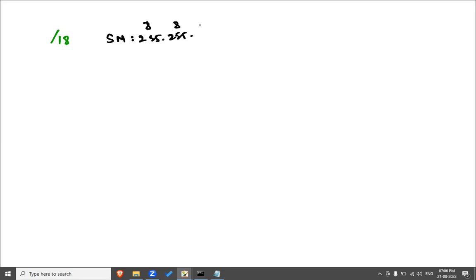So it's going to be 2 ones followed by 6 zeros, correct? And then this is what the actual mask is. What is 2 ones followed by 6 zeros? It's going to be 192 here, 192.0. Okay, so 255.255.192.0. That is what the subnet mask for slash 18 is, right?